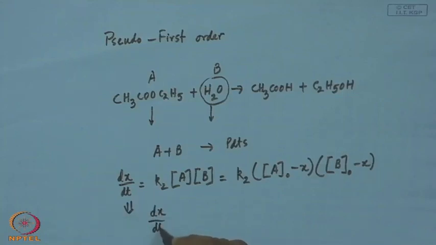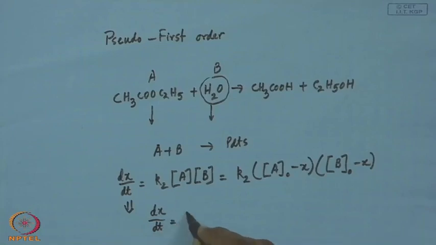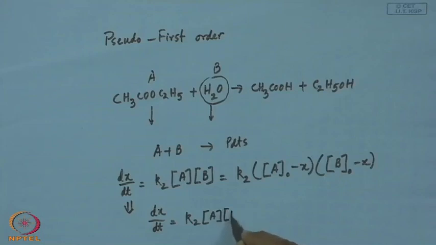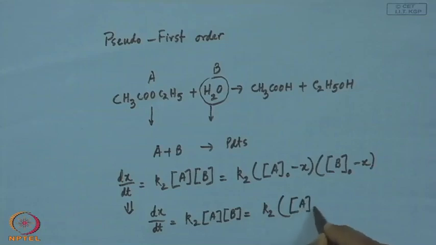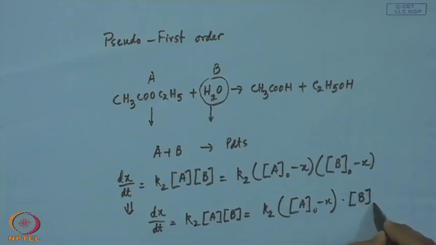So, in that case this expression reduces to dx/dt is equal to K2 A B, is equal to K2 times A naught minus x times B naught, because it is in high concentration or in large excess.